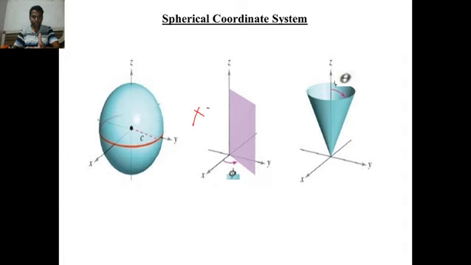This is the angle made by the phi plane with the xz plane. Each time you move this phi plane in the anti-clockwise direction, this phi angle increases. So the phi angle can start from 0 and go up to 2 pi.